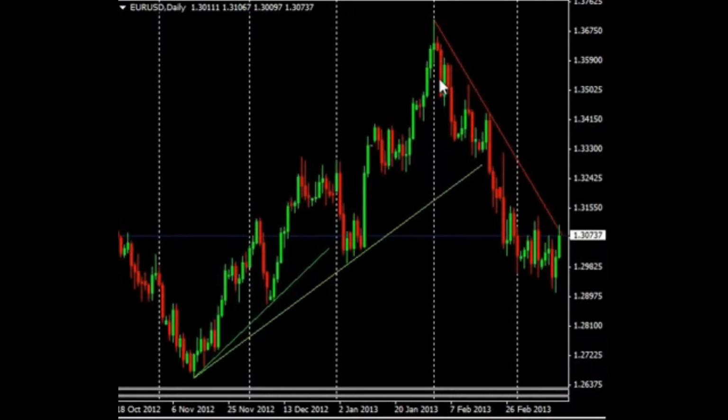It's just providing a guide. It is not an exact level, and I think that's what some people get a little too caught up on with trend lines, is that they start thinking of them as exact, precise levels that if broken, all bets are off, and that's not true. They're simply guides which help us visualize our overall price movements.